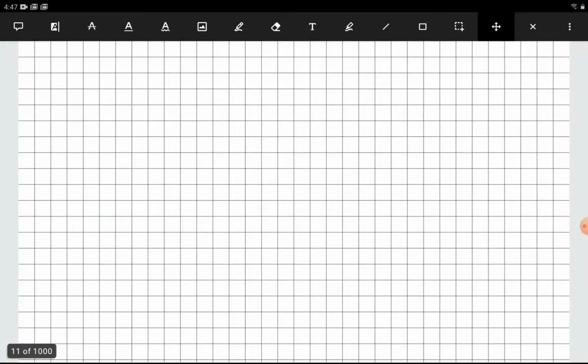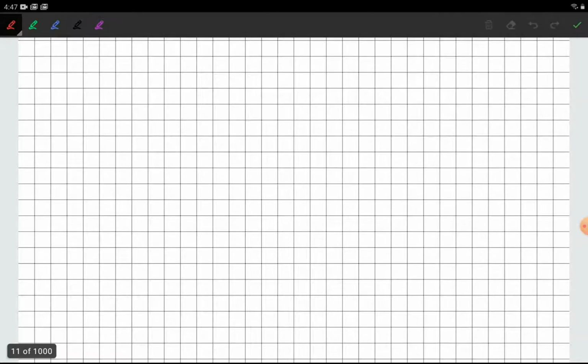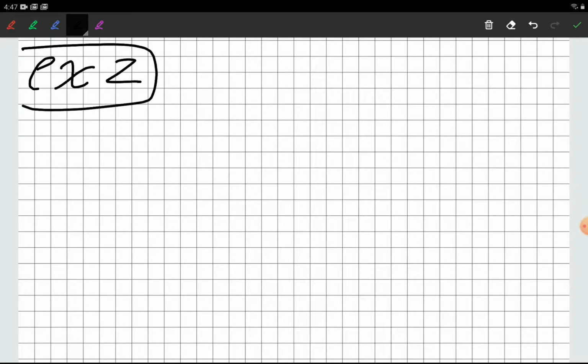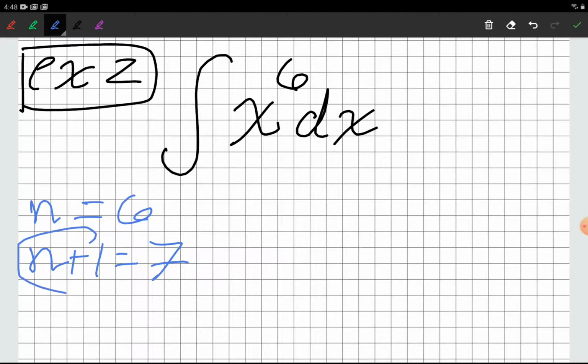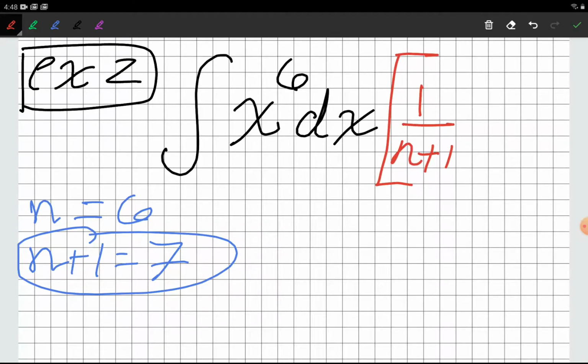Let's do another one. Example 2. Find the integral of x to the 6 with respect to x. So n equals 6, n plus 1 equals 7, right? This is what I care about. So formula: 1 over n plus 1, x raised to the new exponent.